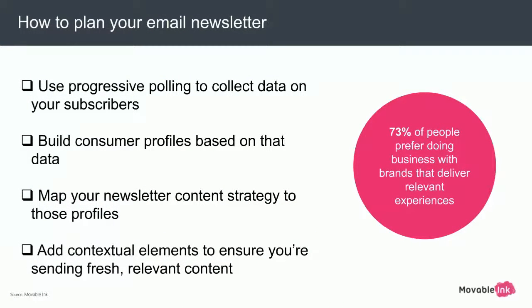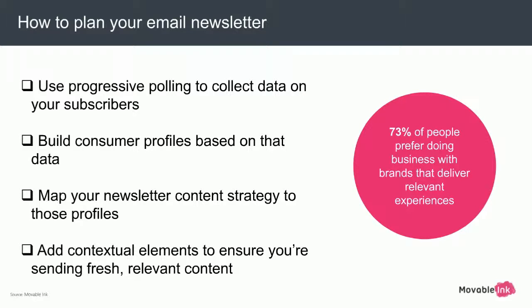Great. So how do you plan your email newsletter? Some overall key points that we're going to review today are the ability to use progressive polling to collect data on your subscribers. So week after week, maybe you're asking them a question and then retargeting them depending on how they answer, and building out those consumer profiles based on the data that you're collecting.